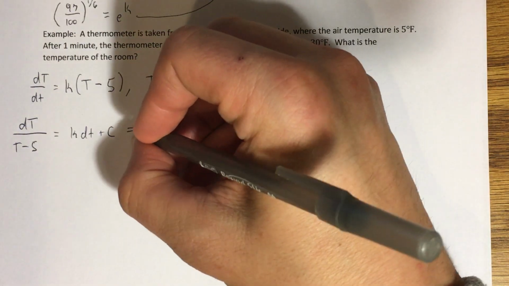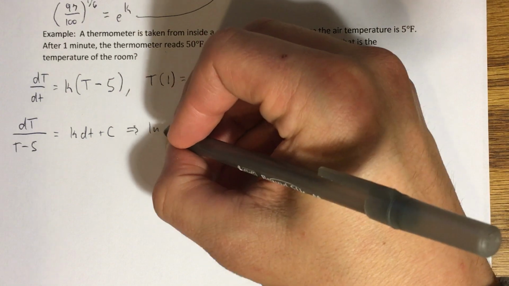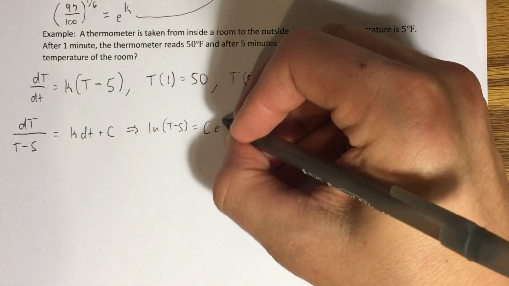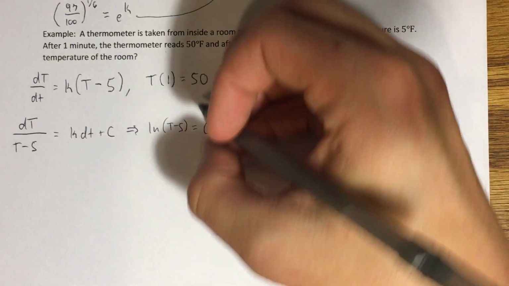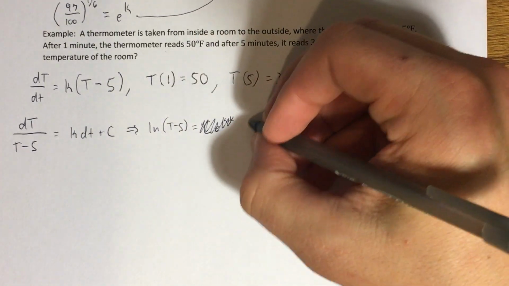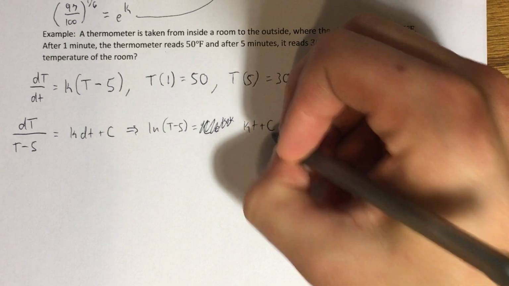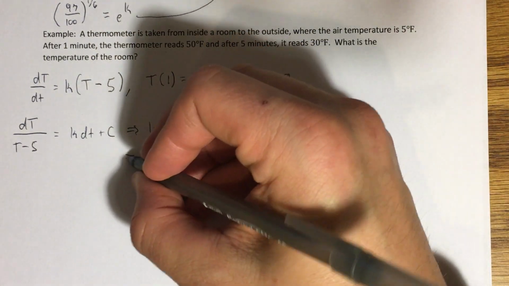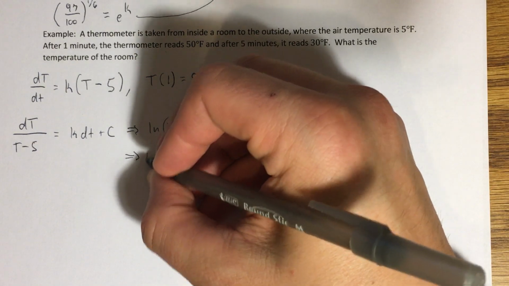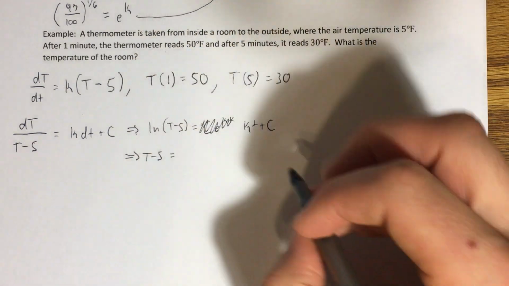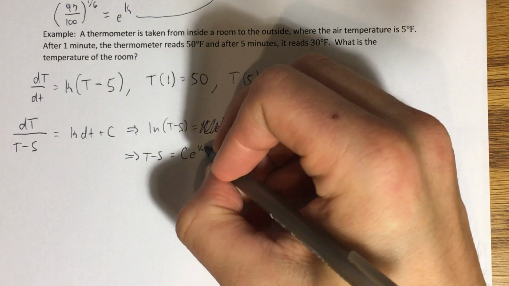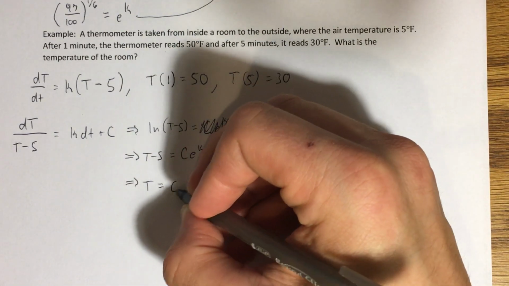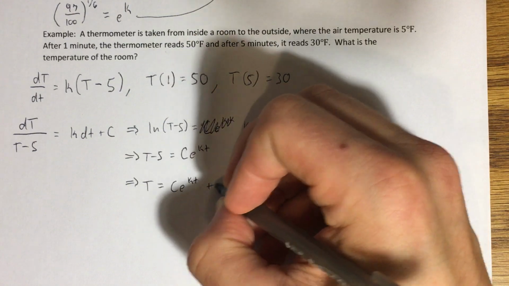Integrating both sides, I'm going to get natural log of T minus 5 equals kt plus c. I jumped ahead a step there. I shouldn't have done that. This leads to T minus 5 equals c e to the kt, and adding 5 to both sides, you get T equals c e to the kt plus 5.